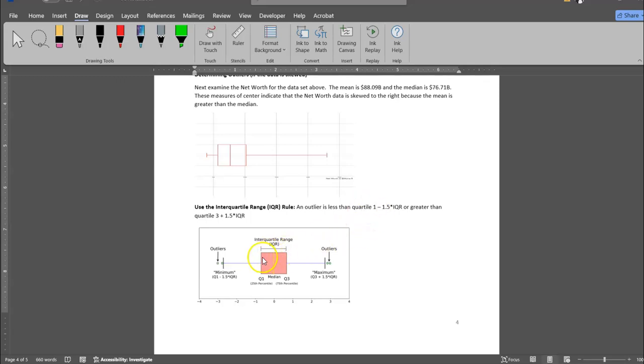If a value is less than quartile 1 minus 1.5 times that interquartile range, that's considered an outlier. Or if it's greater than quartile 3 plus 1.5 times the IQR.